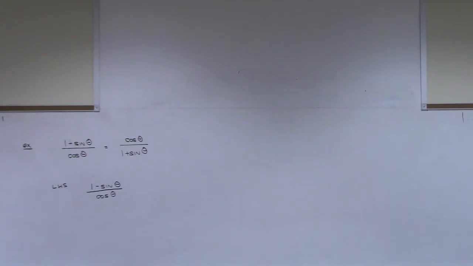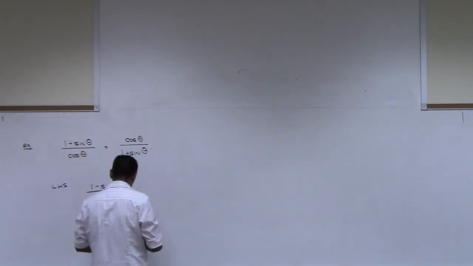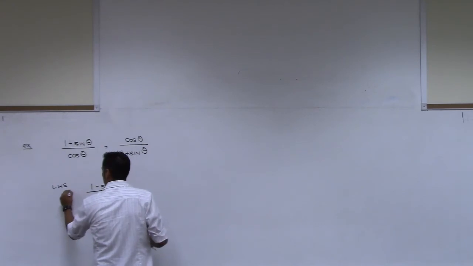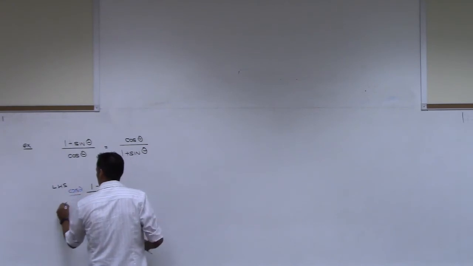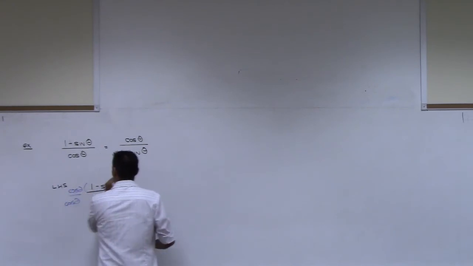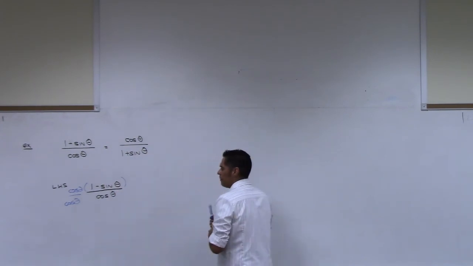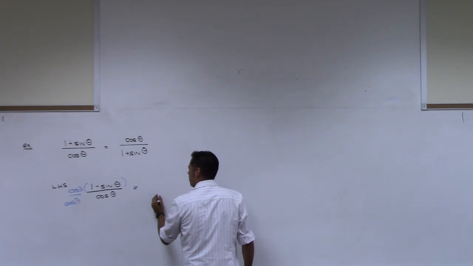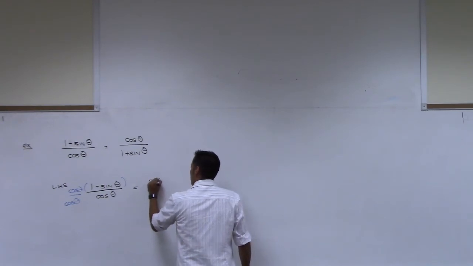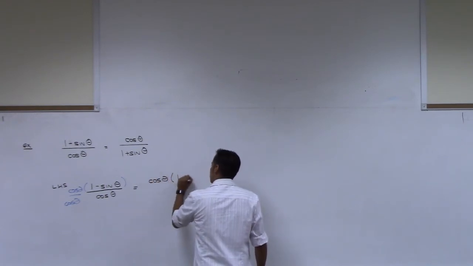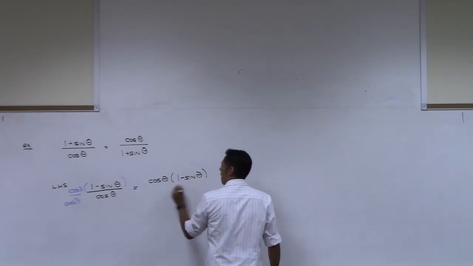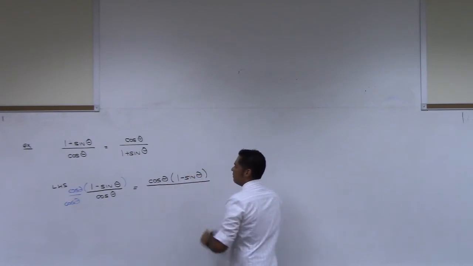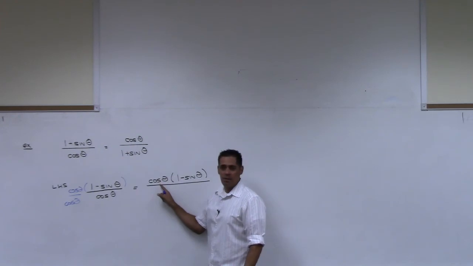You want to try cosine? Let's go for it. Seems like the easiest. All right, here we go. Multiply top and bottom by cosine: top by cosine theta, bottom by cosine theta. It's going to have to distribute up top, right? So should I distribute it? I'm not going to. Why? Because I want cosine theta by itself at the end, don't I?